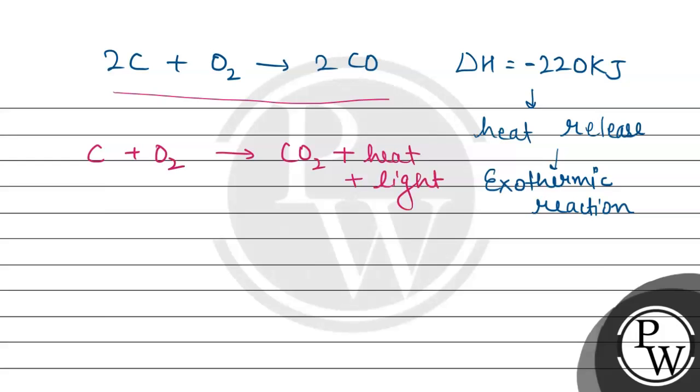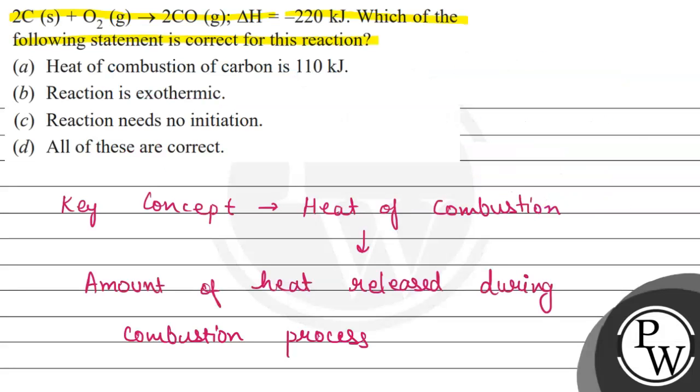So ये हमारे पास reaction रहता है for the combustion of the carbon. जो हमें reaction given है वो तो combustion of carbon के लिए है ही नहीं. So ये जो heat of combustion of carbon is 110 kilojoule है, this is not correct regarding this reaction which is given to us. So ये wrong होगा.